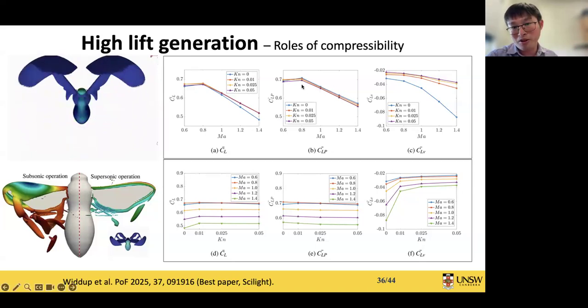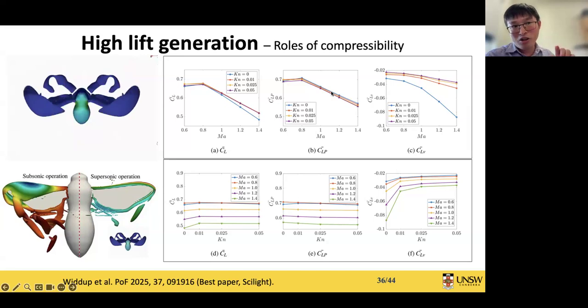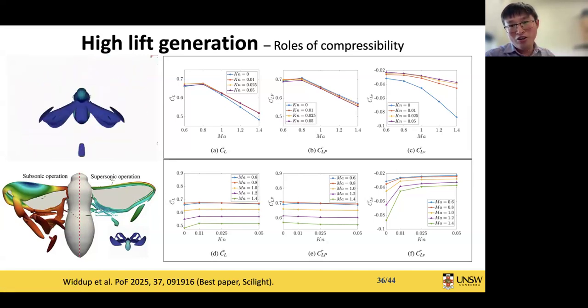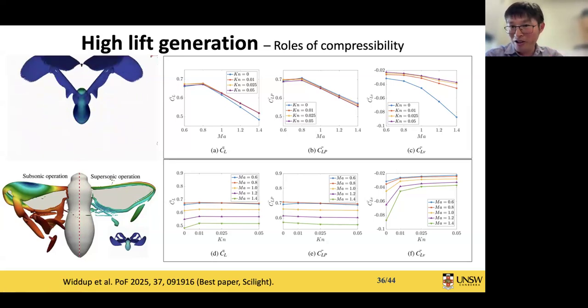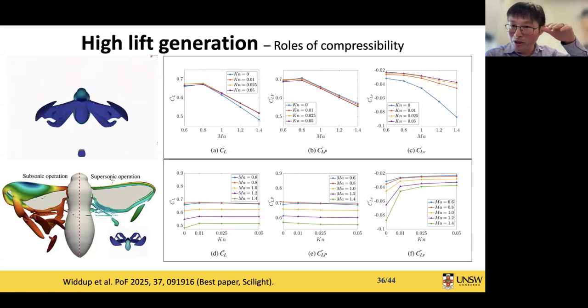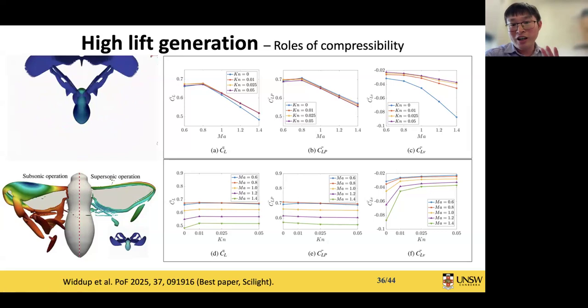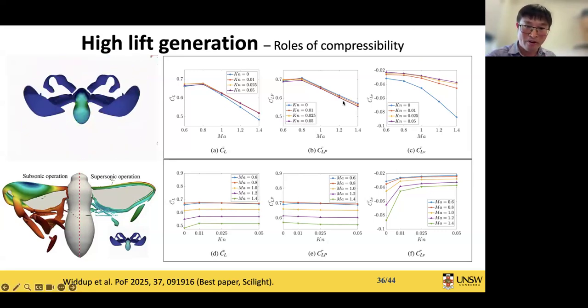So, for example, as shown here, viscosity has a negative contribution to the lift generation. When we introduce the rarefaction, it reduces that negative contribution. Therefore, overall, the lift increases a little bit due to this rarefaction.